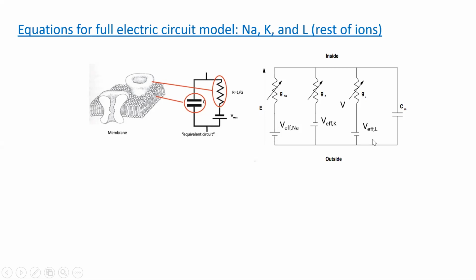And so we have the circuit diagram from the last slide reproduced here. The total current that's flowing into the cell will just be this current from potassium plus the current from sodium plus the current from the other ions.